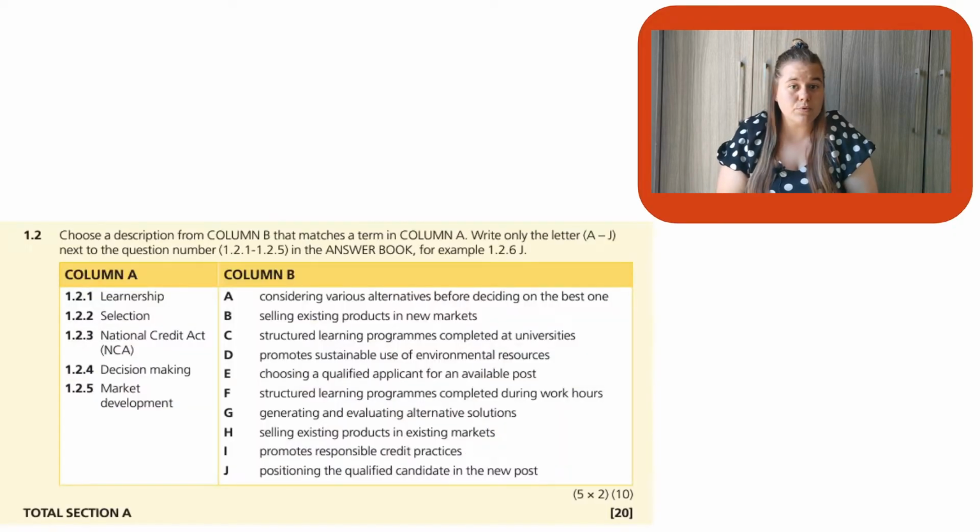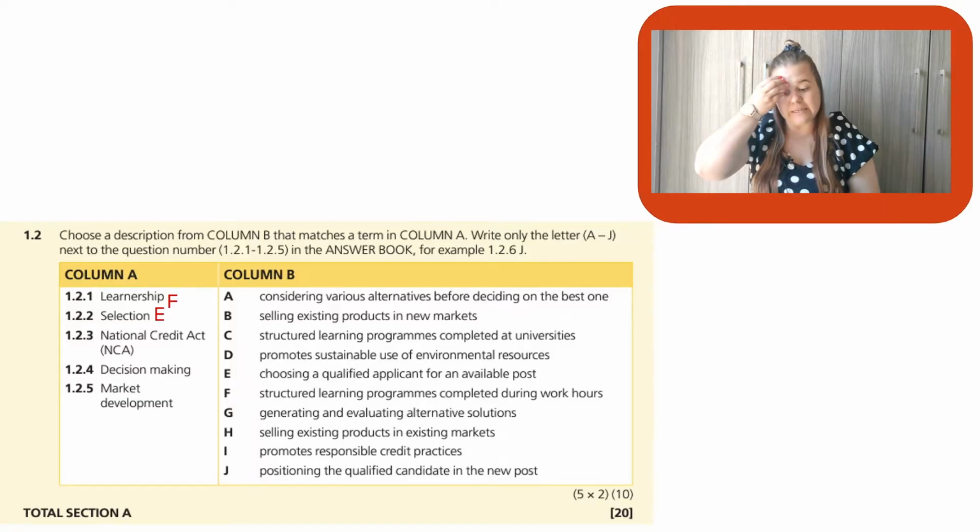All right, then 1.2, you'll be given a table and you must match column A to column B. So let's check there. We have learnership, selection, National Credit Act, decision making, and market development. Learnership, we are looking at option F, structured learning programs completed during working hours.